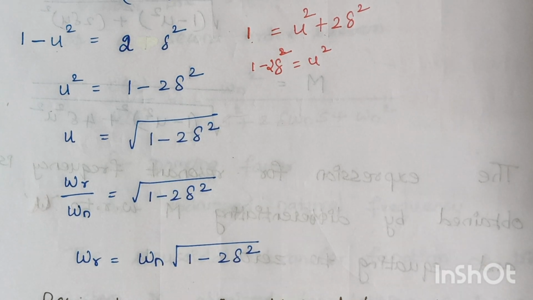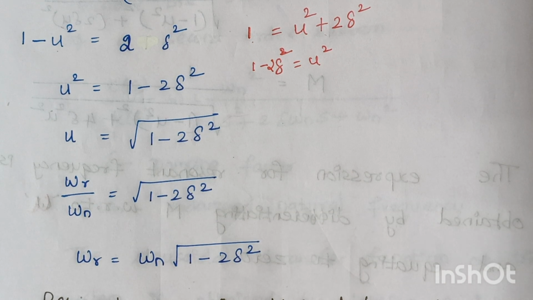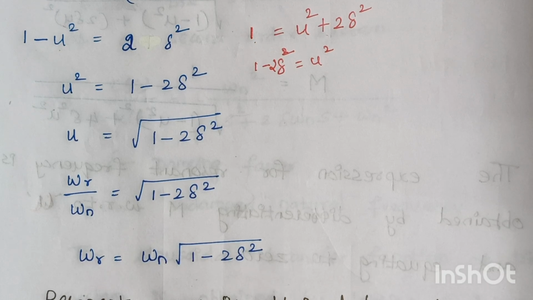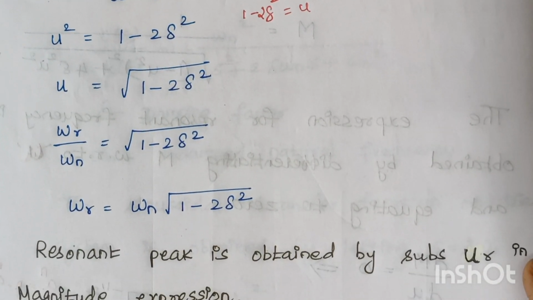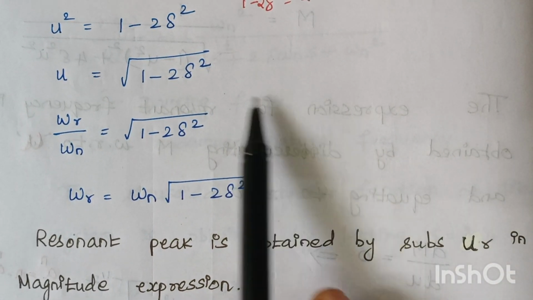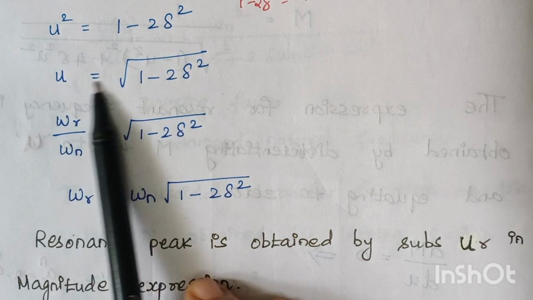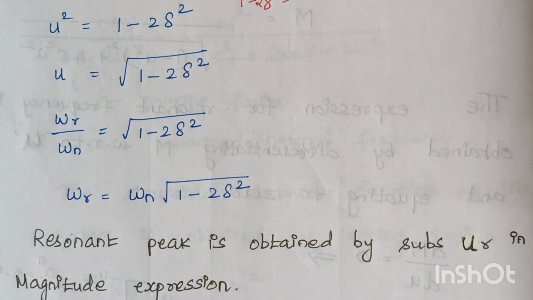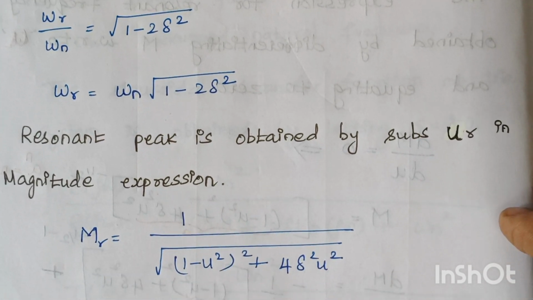Then we are going to calculate the resonant peak, right? So the resonant peak is the maximum value which is obtained by a system, right? So this resonant peak is obtained by substituting the value of u, we are going to find the resonant peak. So what is the basic expression here?